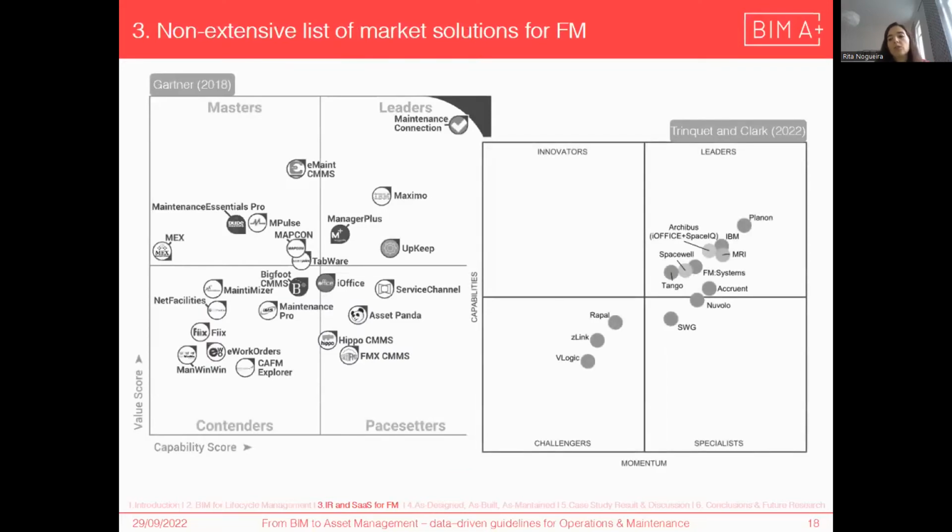So when looking at the available market solutions for operations and maintenance software, 2 reports released by 2 major consultancy companies point out the same solutions as leaders. While assessing all of the solutions was not possible, we recognize that Maximo from IBM is pointed out as a leading solution, as well as Archibus and SpaceIQ.